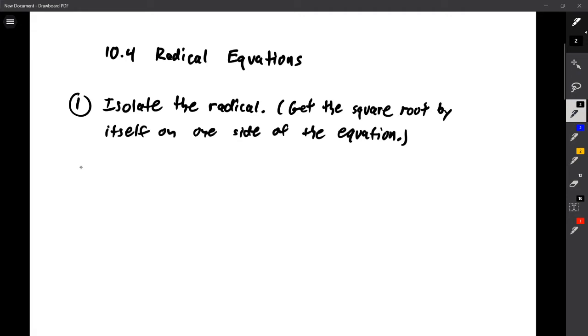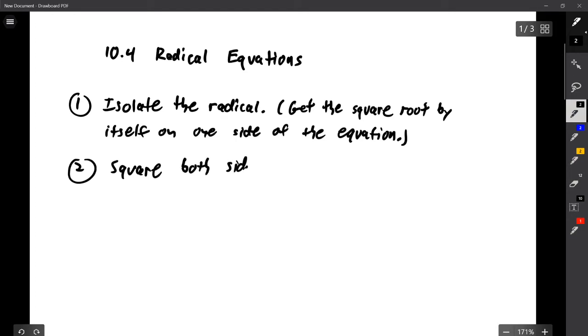All right, step 2. Square both sides of the equation. And we do mean the entire side of the equation.